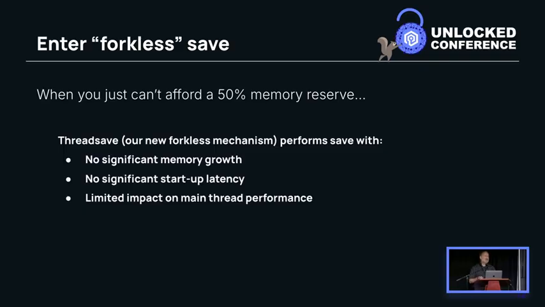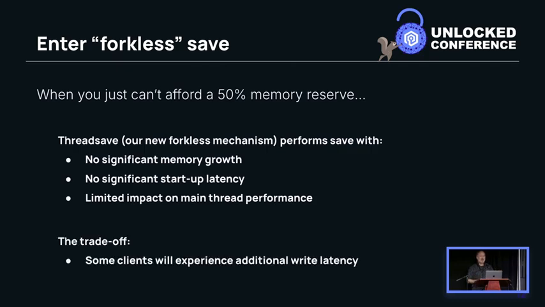ThreadSafe performs the exact same save with no significant memory growth and no startup latency and some limited impact on the main thread performance. You're probably saying, well, that sounds great, but I know there's a catch, and you're right, there's a catch. Some clients that are doing writes are going to experience additional latency.